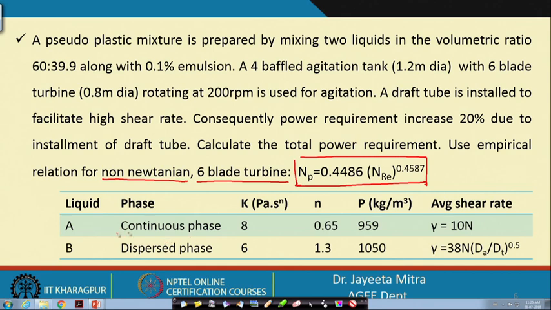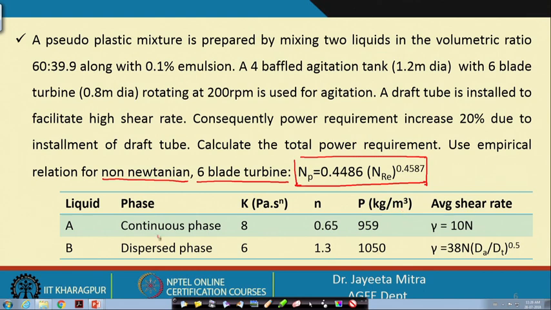Now, continuous phase is A and dispersed phase is B. So, this is given: 8 is the value of K for the continuous phase and 6 is the value of K for the dispersed phase. n is 0.63 and 1.3, 0.65 and 1.3. Okay.